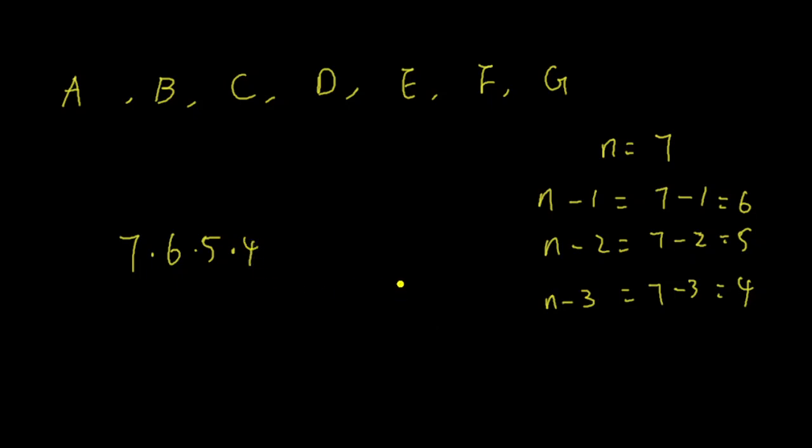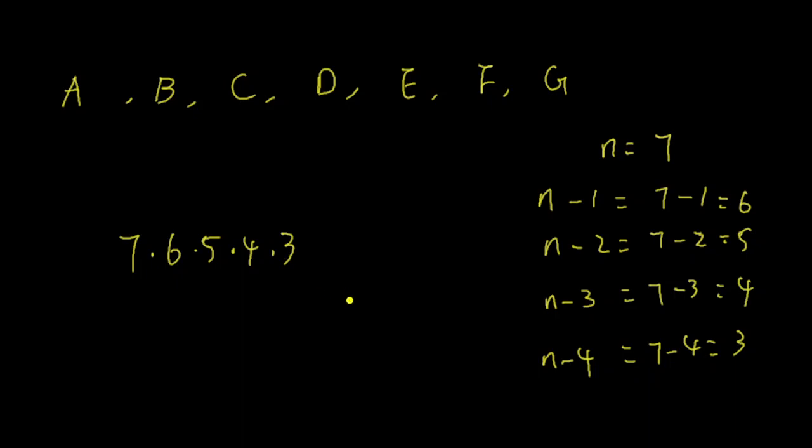After finishing putting 4 letters together, how many letters do you have left to choose from? 3, right? So 7 minus 4, you have 3 left. So this is n minus 4, times 3.